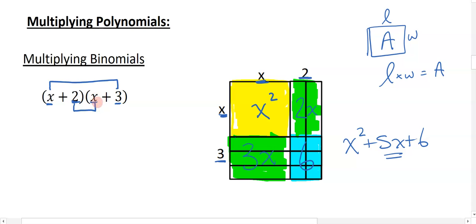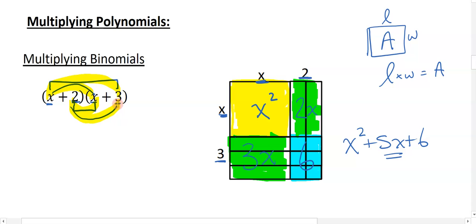We had the x multiplied by x, and we had the 2 multiplied by the 3. So we can see there are 4 multiplications we need. In other words, this x has to go to both the x and the 3. This 2 has to go to the x and the 3.